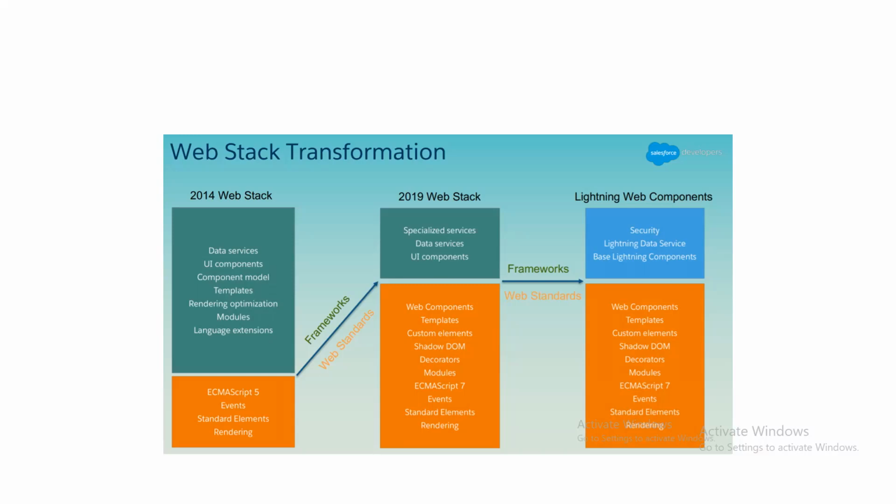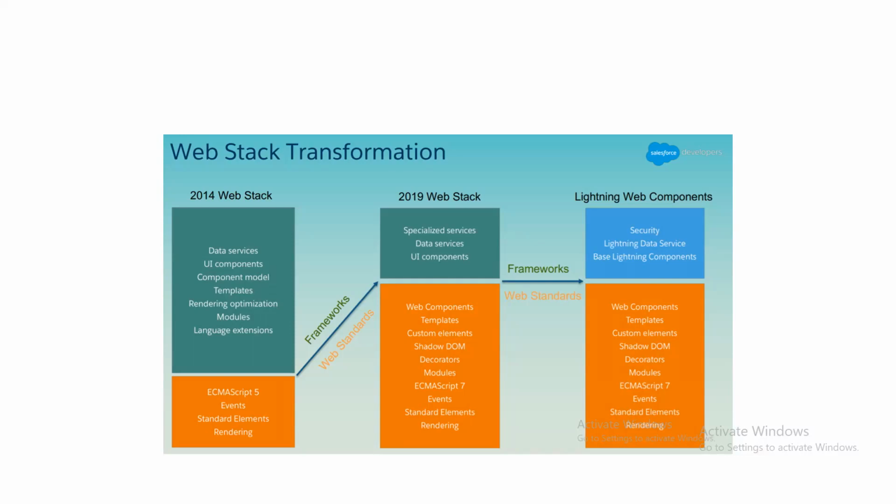As we know, in 2014, Lightning Aura components were introduced, where we had data services, UI components, component model, templates, rendering optimization modules, and all those things. At that time, ECMAScript 5 was being used. However, now in the 2019 web stack, we have specialized services, data services, and ECMAScript 7 came into place.